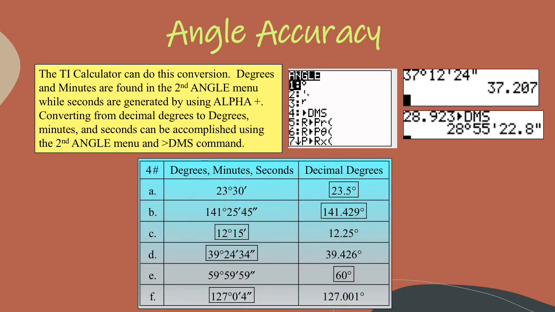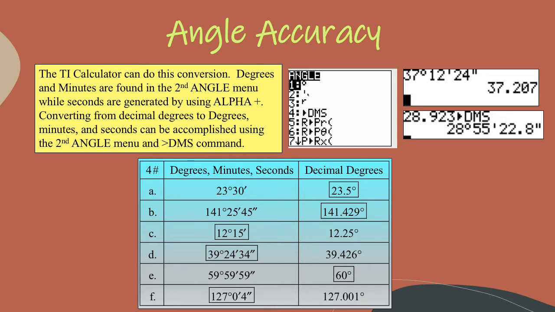On A and C, there should be no need for calculators. 30 minutes is a half a degree. So 23 degrees, 30 minutes is exactly 23.5 degrees. Same with C. 0.25 degrees is a quarter of a degree, which corresponds to 15 minutes.